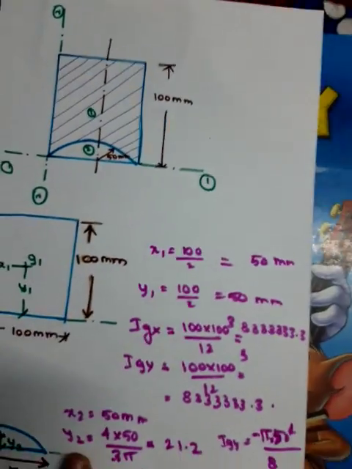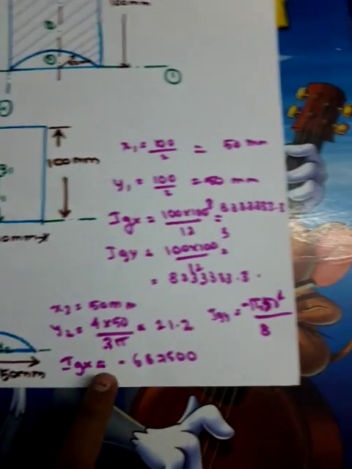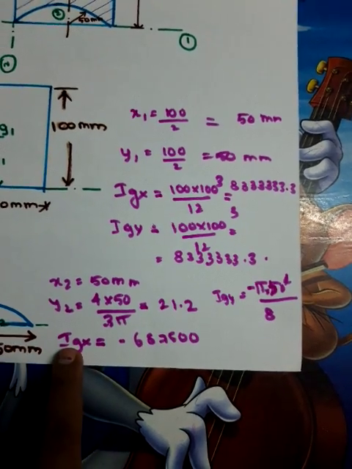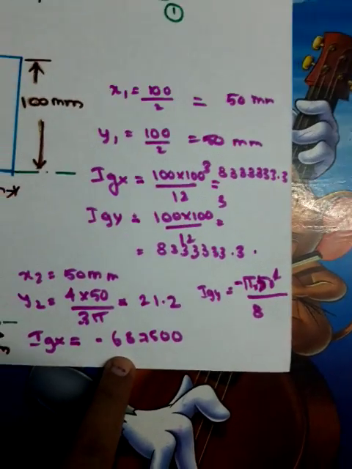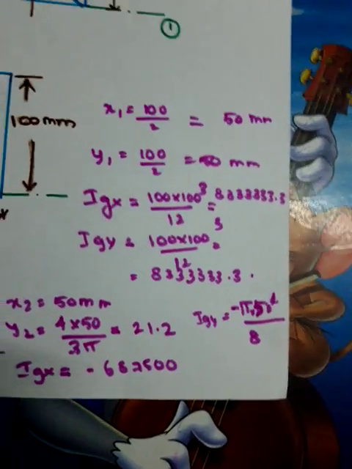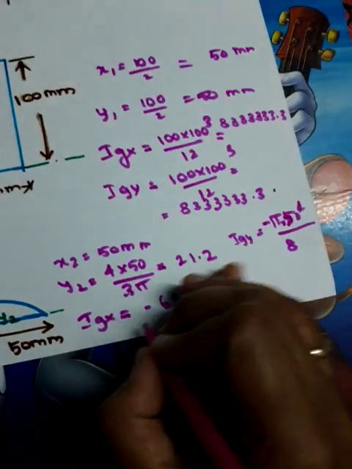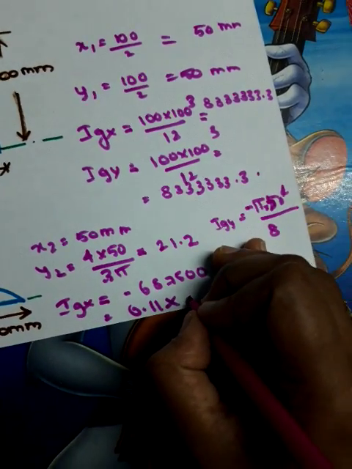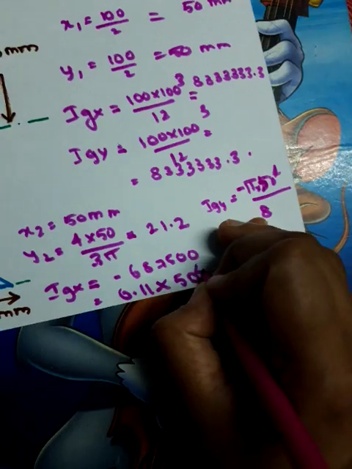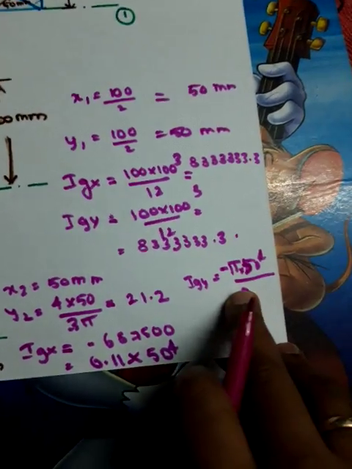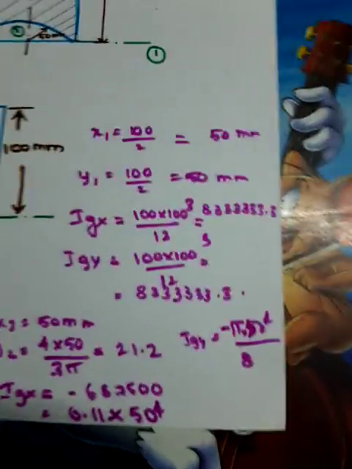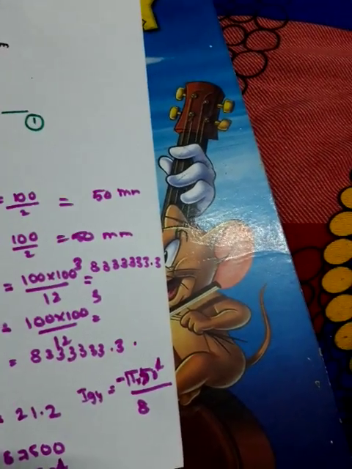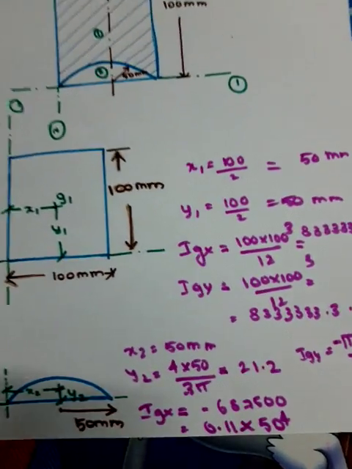One more important thing: in the x direction for a semicircle, the value is 0.11 r to the power of 4, which you have to remember. And for IGY it is pi r to the power of 4 divided by 8. This is how we calculate the different values.